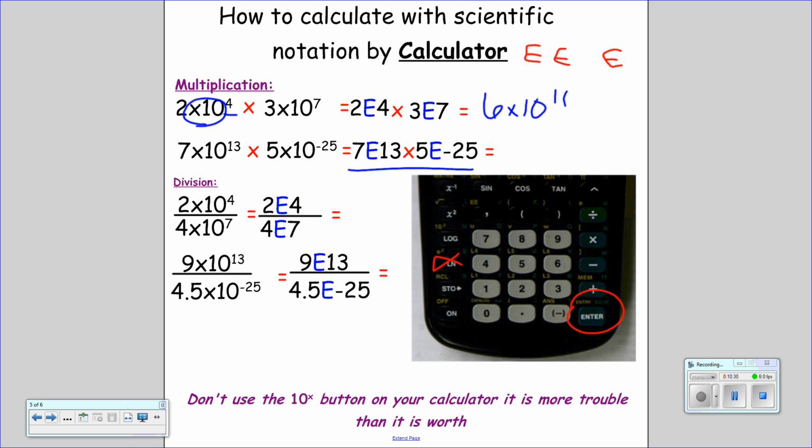Next one. You would do 7, second, E, 13, times 5, second, E, negative 25. Okay, I keep track of those negatives and positives. Equals.